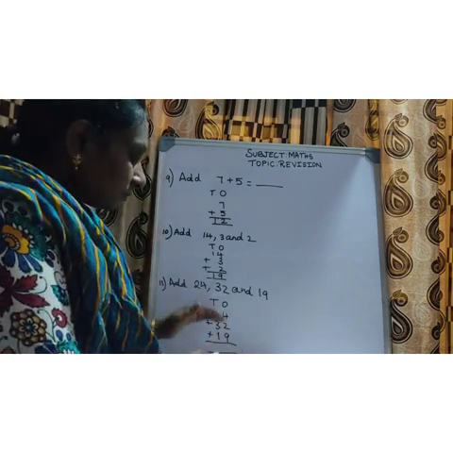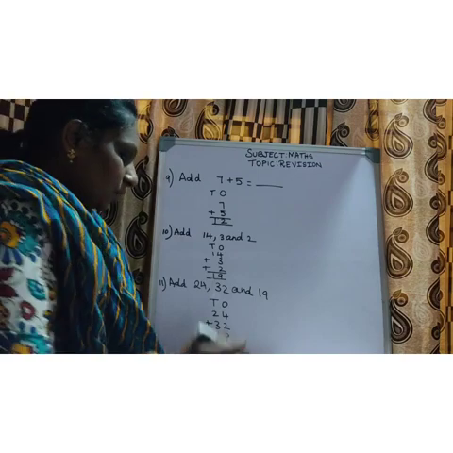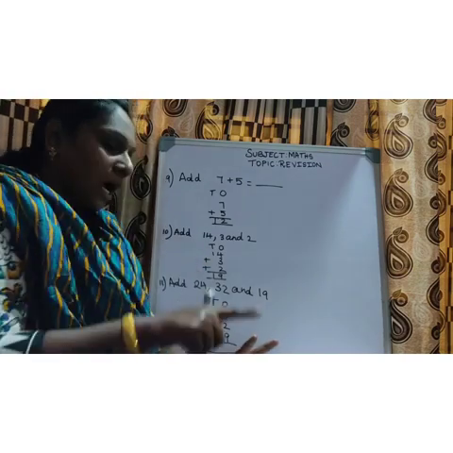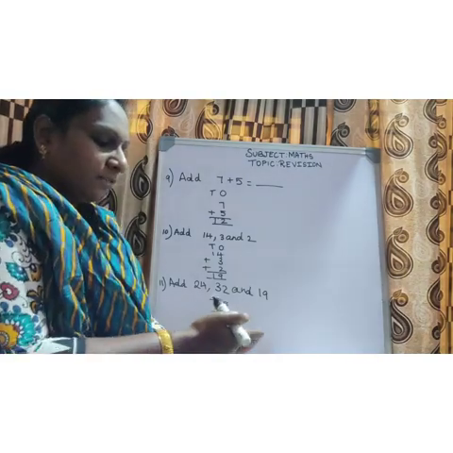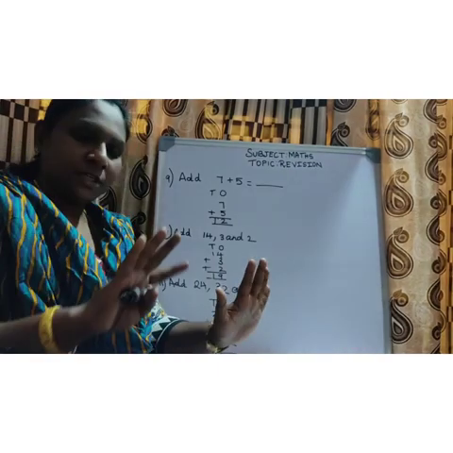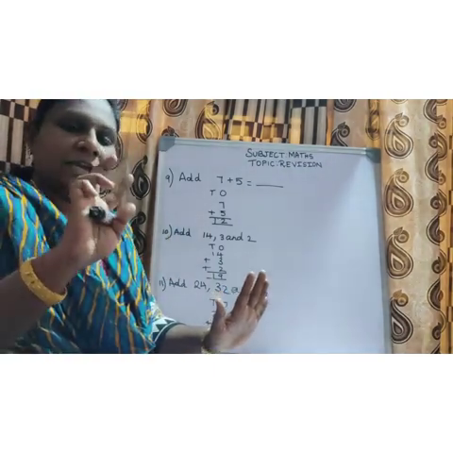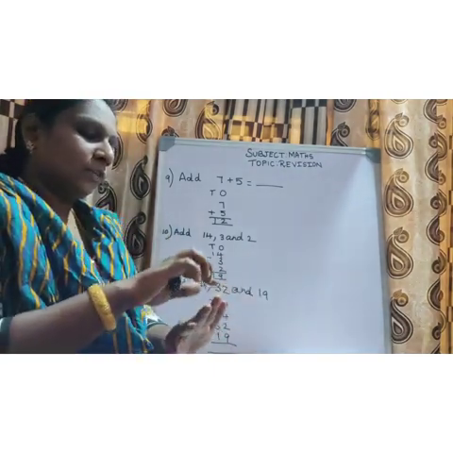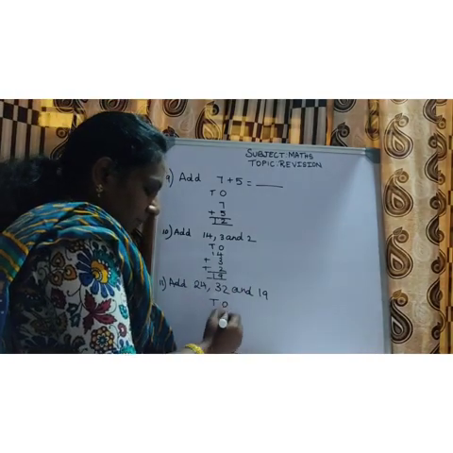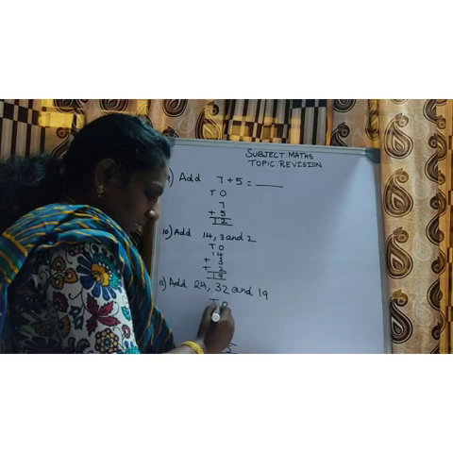First add the numbers in ones place. What is the first number? 4 plus 2. 4 in your mind, 2 show it in your finger. After 4: 5, 6. Now 6 in your mind, 9 show it in your finger. After 6: 7, 8, 9, 10, 11, 12, 13, 14, 15. So 15, how will you write? Write 5 below ones place and 1 you should take as carry over.